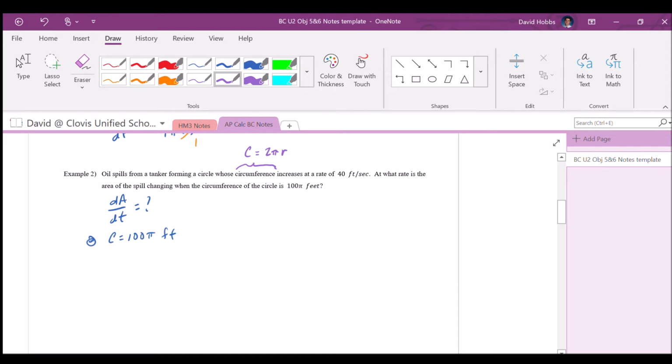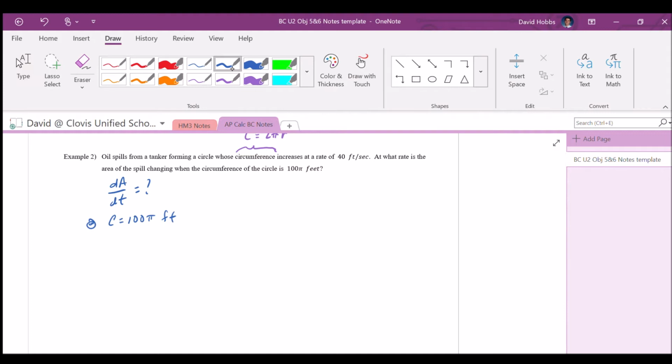I know we want dA/dt. Let's go ahead and start to write. So area of the circle is pi r squared. And so if I take the derivative of that with respect to time, I do get the dA/dt that I'm trying to get.